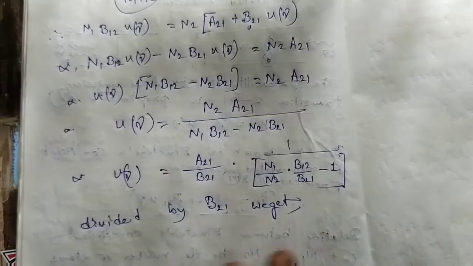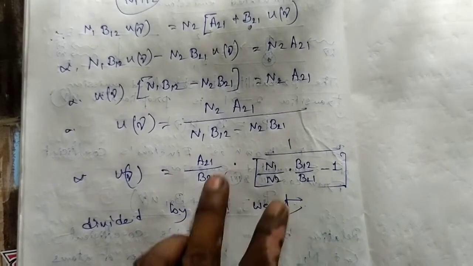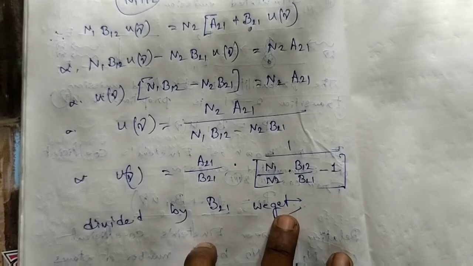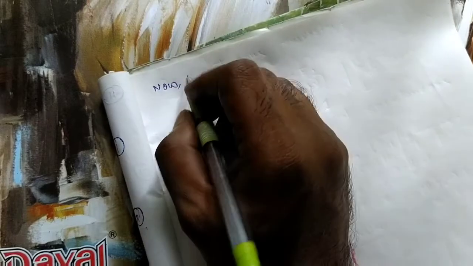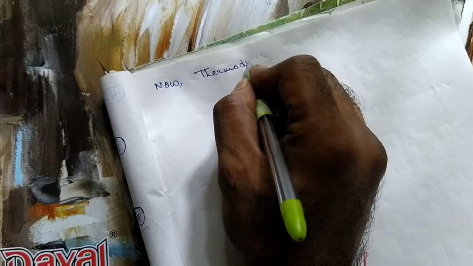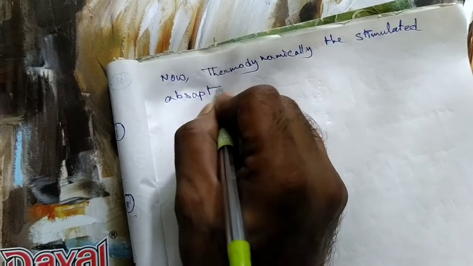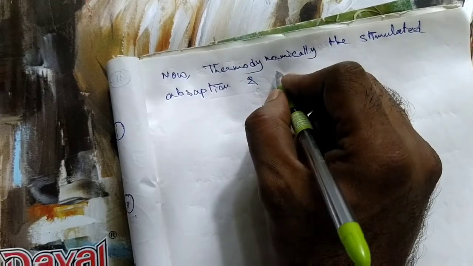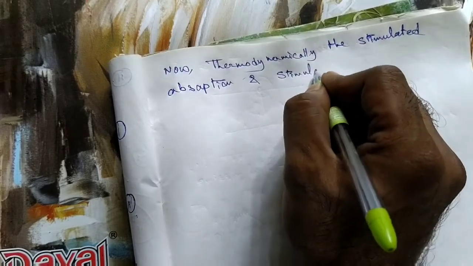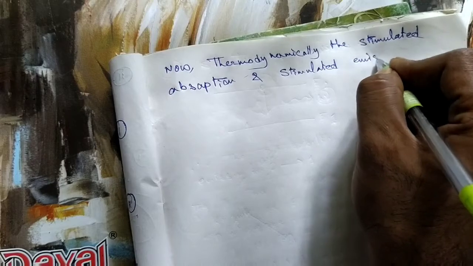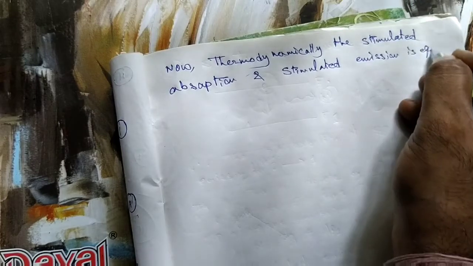So it is clear for everyone. Okay, this is U nu in terms of the Einstein coefficients and the number of atoms in the system. Okay, so now dynamically the stimulated absorption and stimulated emission are equal.